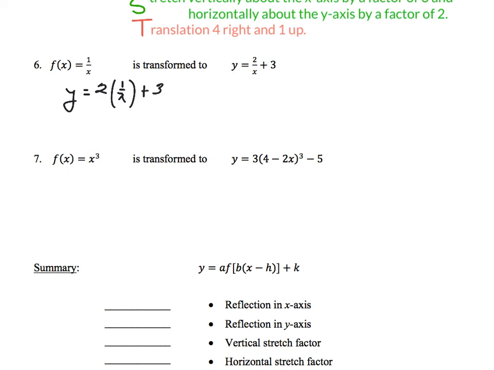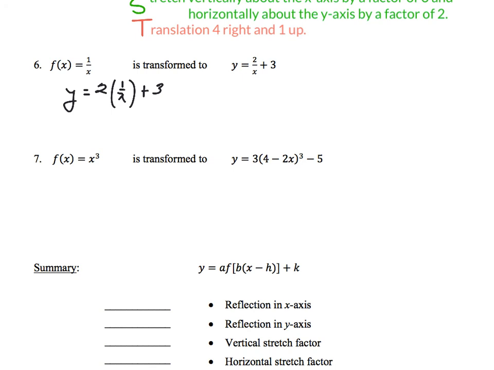And if we look at it in this way, then we can see that this 1 over x is still inside the function, and all we have is the 2 multiplied in front, the 3 added on the end. So the only things that are happening are happening vertically, or happening to the y values.